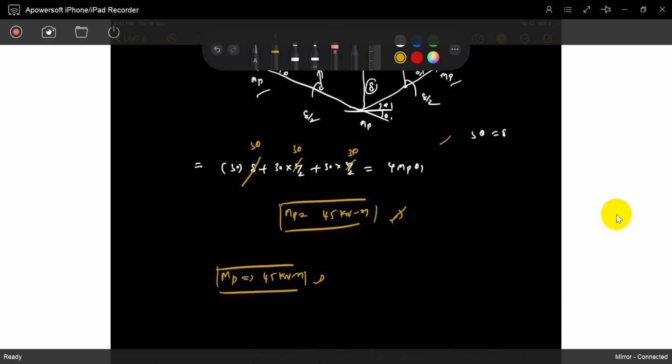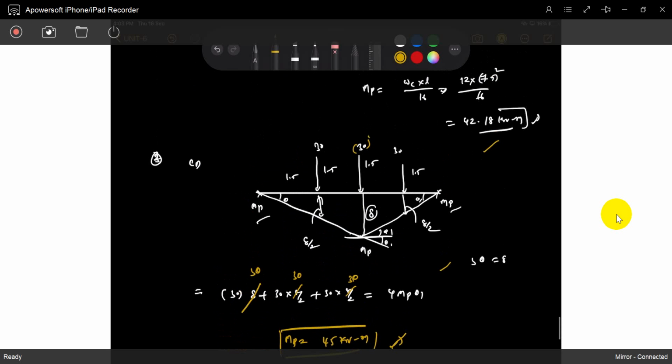That's it, na? You can do problems of any beam with any different loading. You can find out the plastic moment capacity, or you can find out the loading W. If someone gives the MP value, you can find out how much load you can allow.